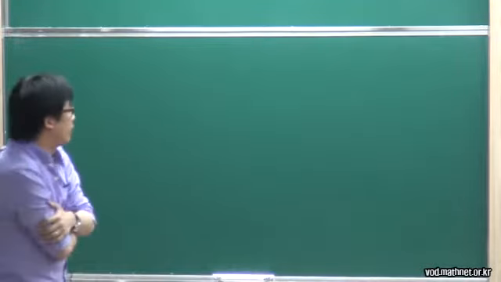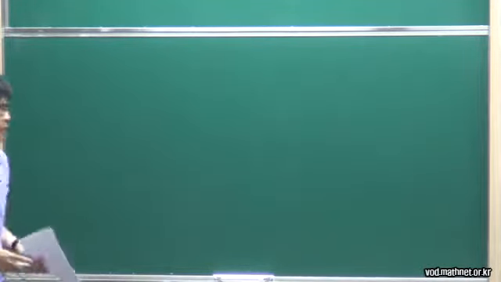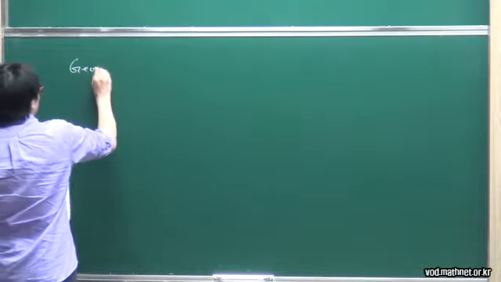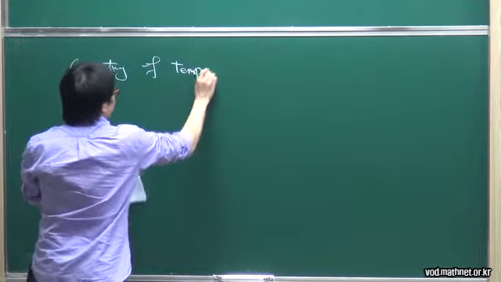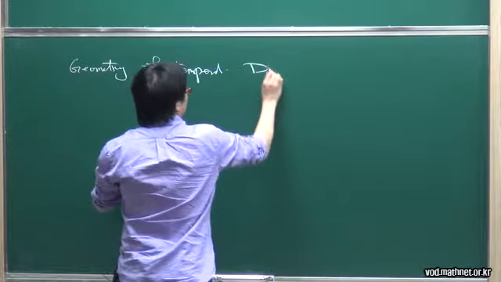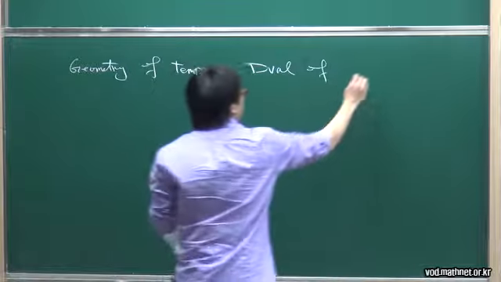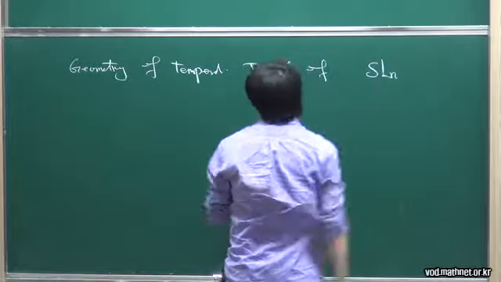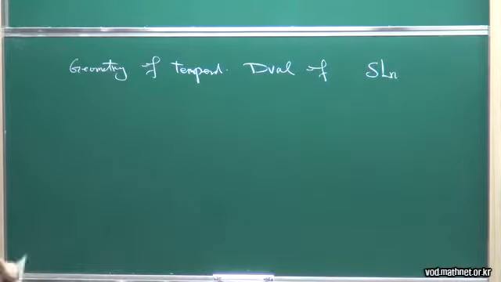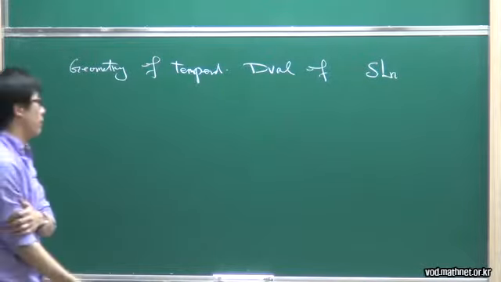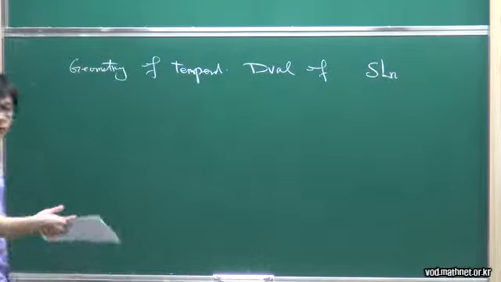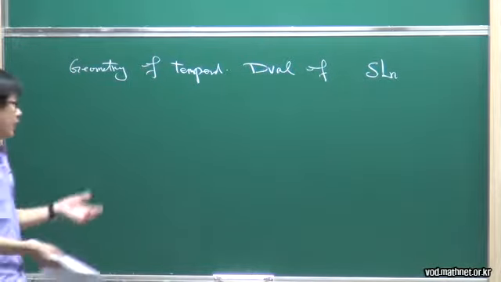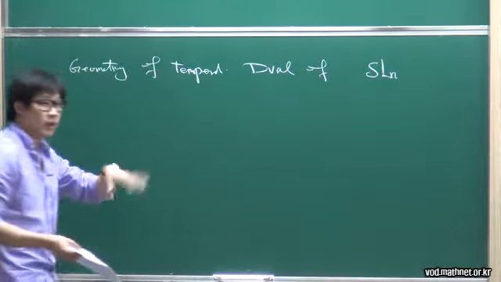Okay, so today I would like to talk about the tensor modules of the special linear group, the geometry. In fact, in the first talk, Professor Choi talked about the representation over the finite field, and in this talk we talk about over the complex field.